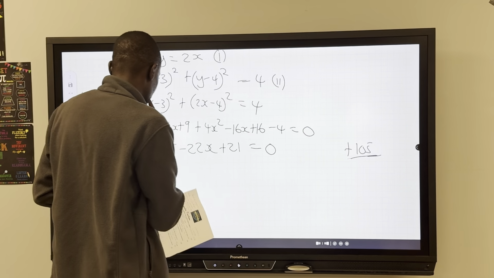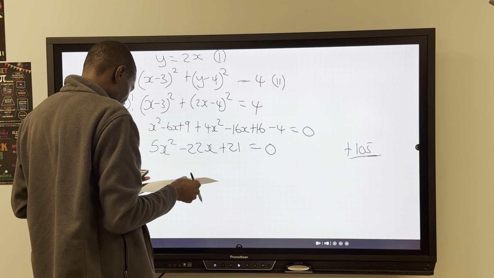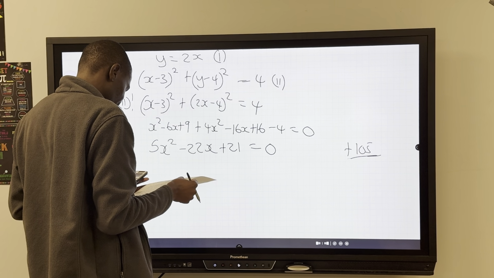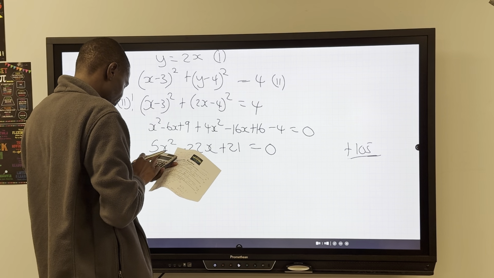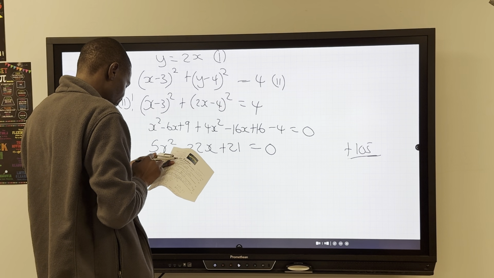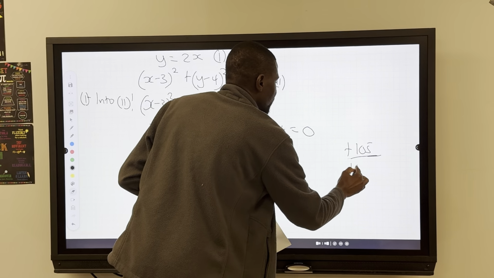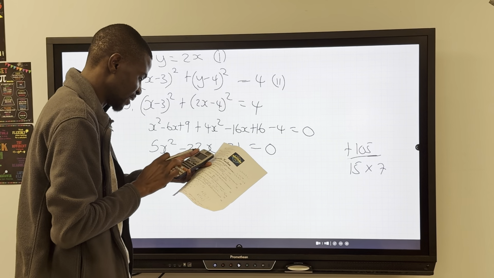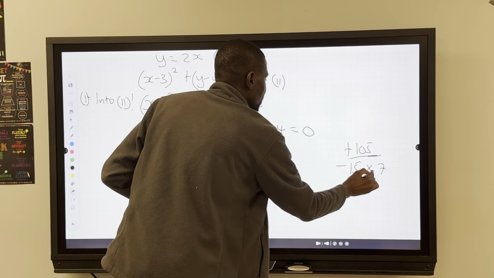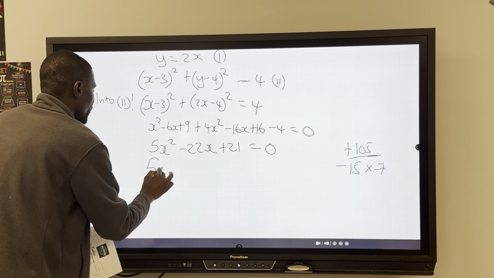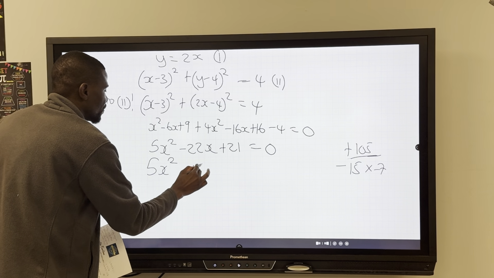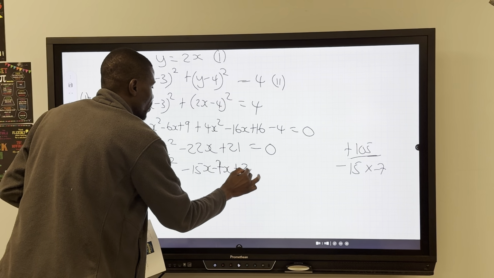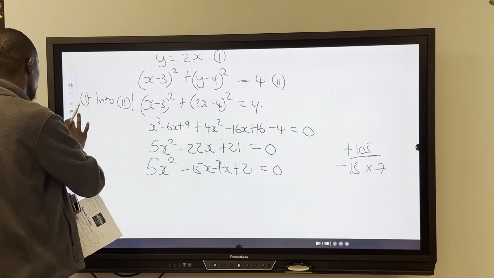What about 15? 105 divided by 15, I have 15 by 7. So if I get 15 plus 7, that's 22. All right, so let's go ahead and use these. It's now 5x squared minus 15x minus 7x plus 21 equal to 0.